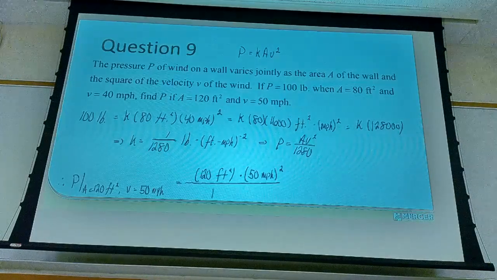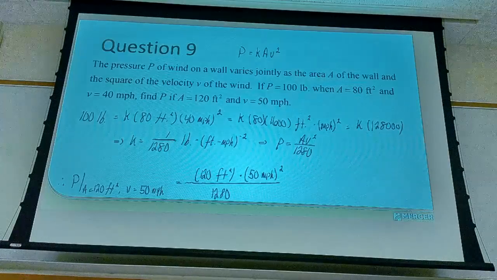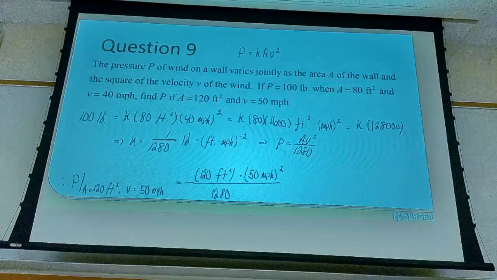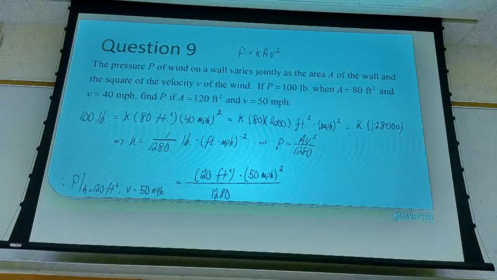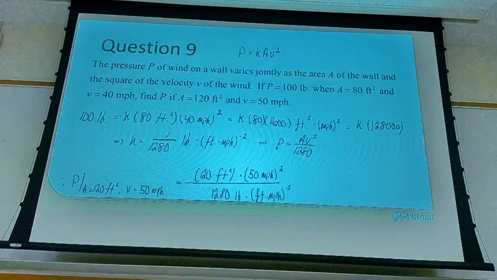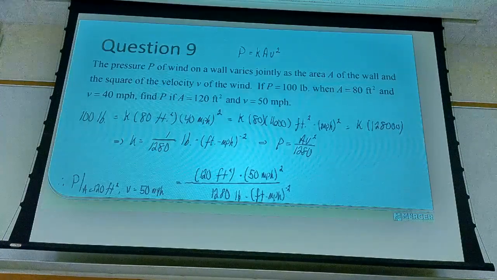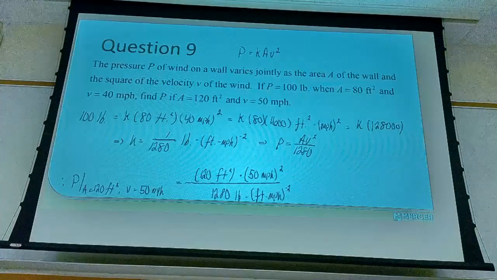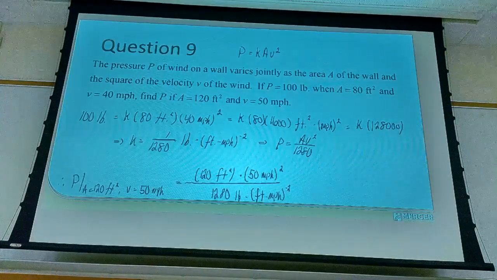Over 1280. Square. If the miles per hour and the feet are going to cancel out, then what is the unit of pressure?